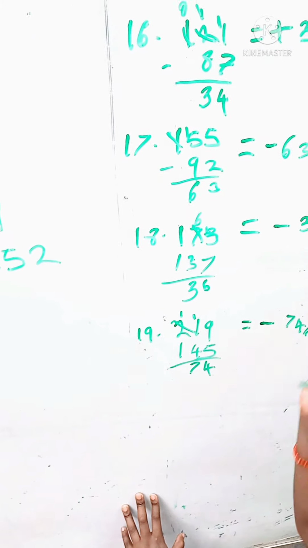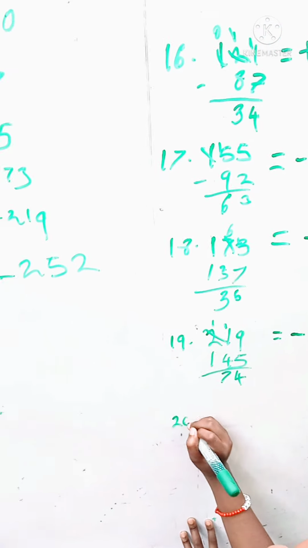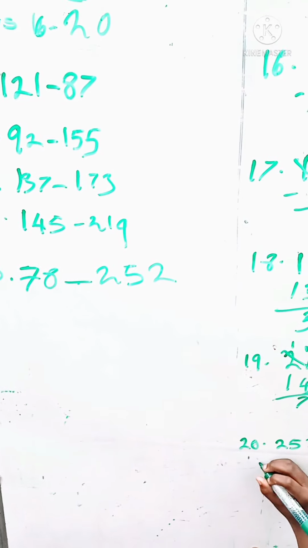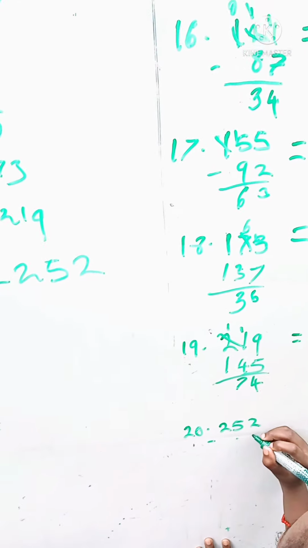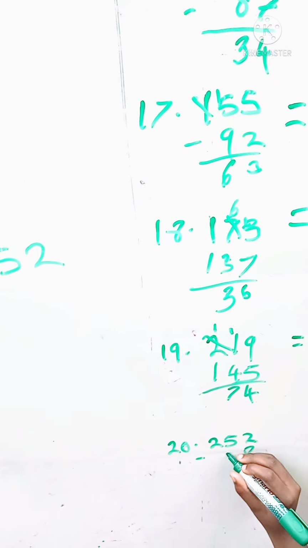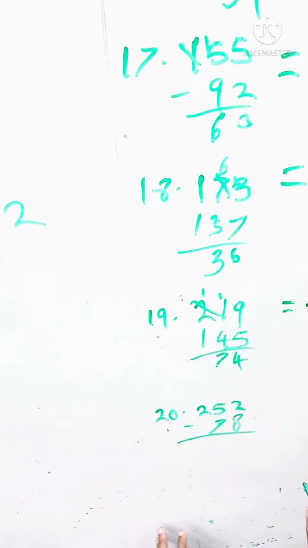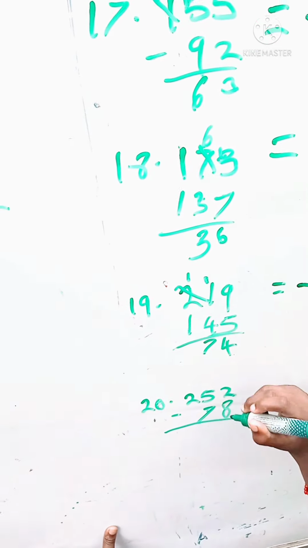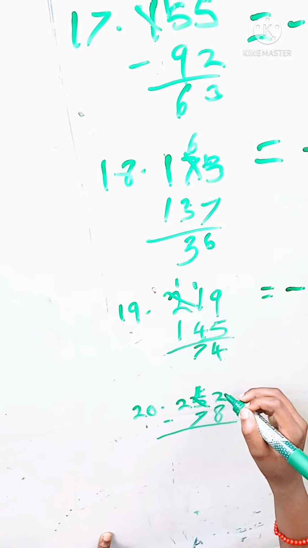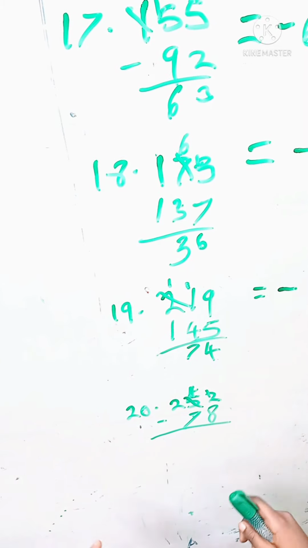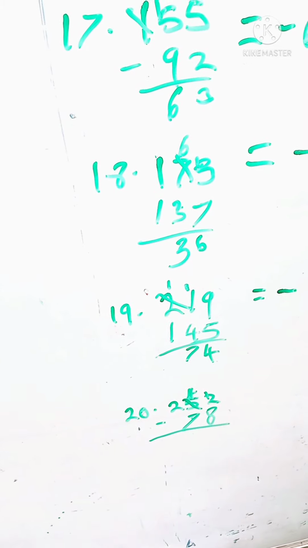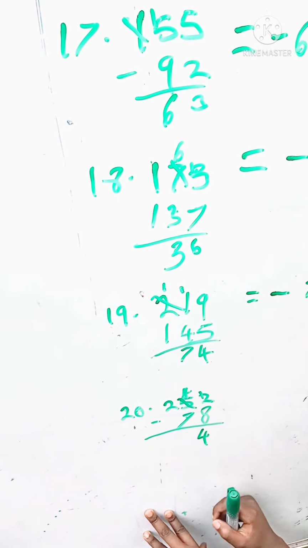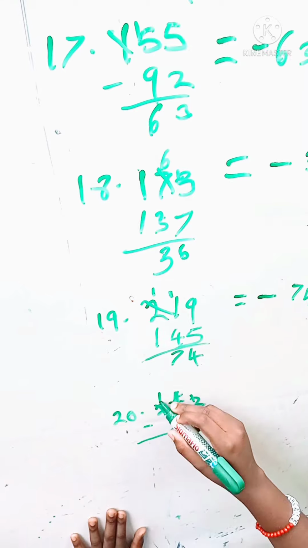So the last question, number 20, finally, we have 252 minus 78. Bigger number first. I start backwards so I don't confuse the way the number is. So 2 cannot subtract from 8. We borrow 1 from 5, meaning 4. We have 12. 12 minus 8 will be 11, 10, 9, 8, 7, 6, 5, 4. That's 4. And 4 minus 7 is not possible, so we have 1 here.